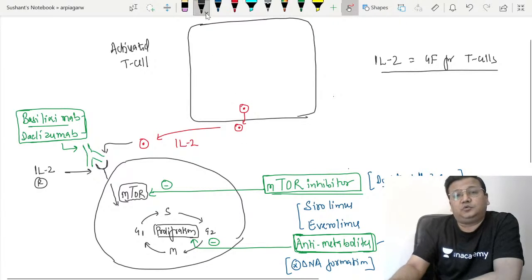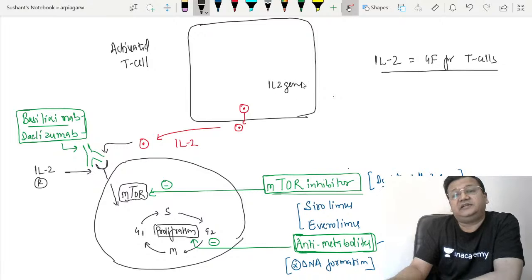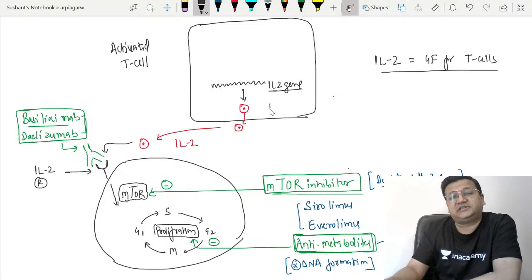Now interleukin 2 will be synthesized from the interleukin 2 gene. So we have the interleukin 2 gene inside the activated T cell. Let's say this is the gene which is ultimately going to result in interleukin 2 synthesis.